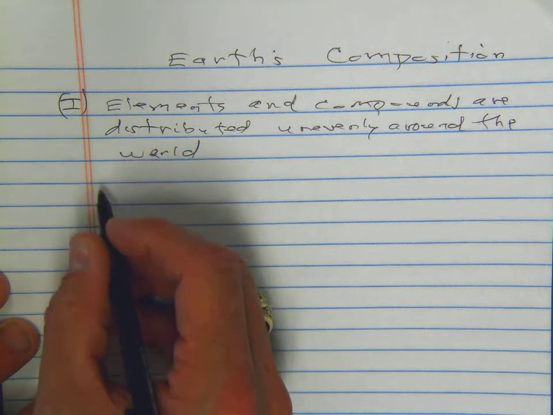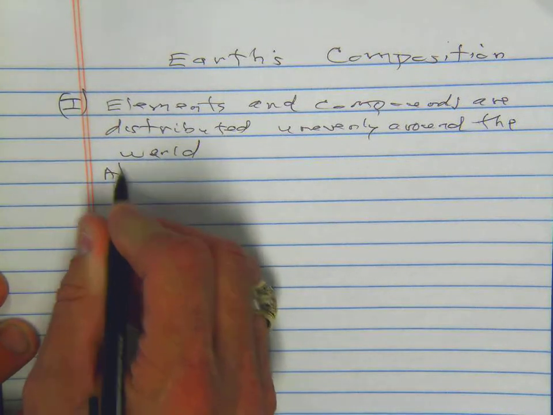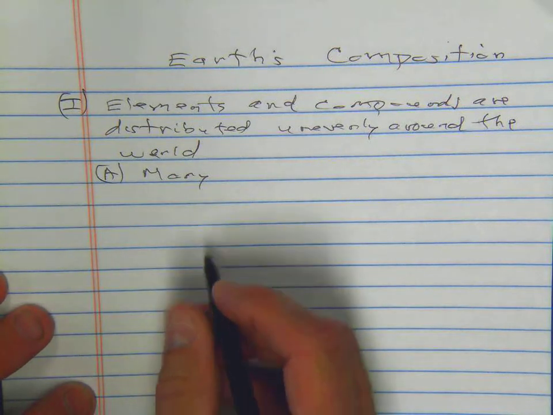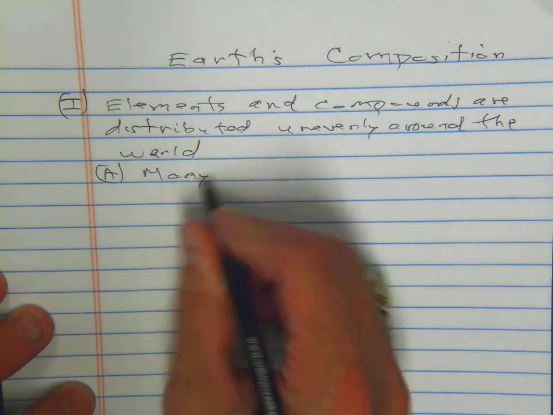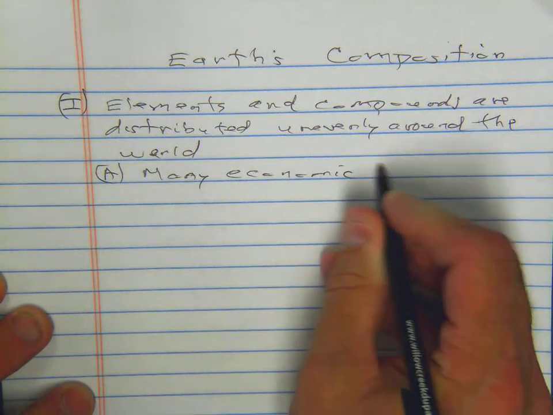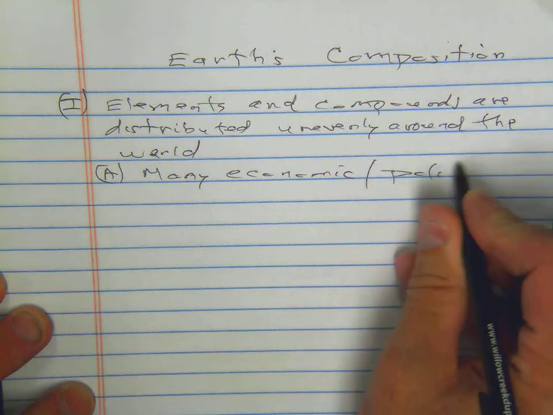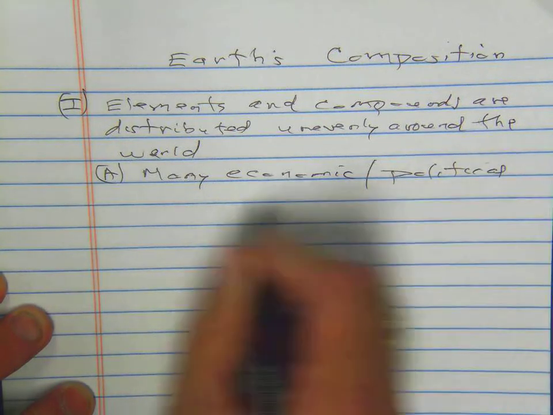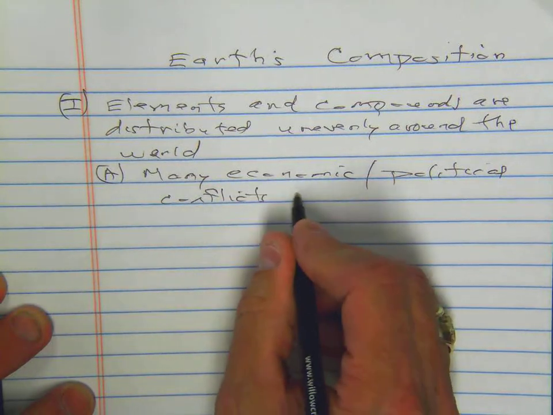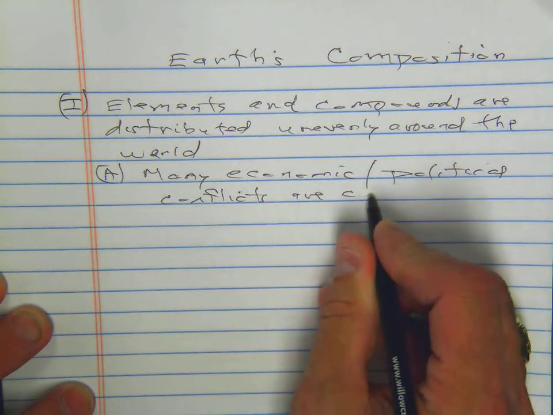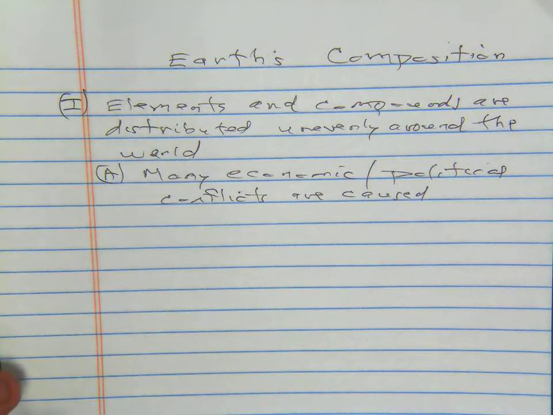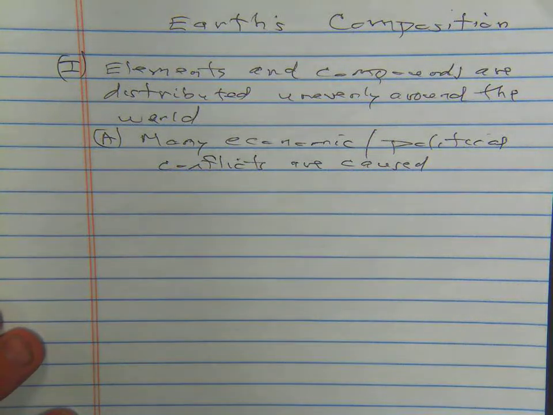And one key thing to remember is that this has caused many, I would say, both economic and political conflicts. Alright, so it's a huge implication for the world as a whole.